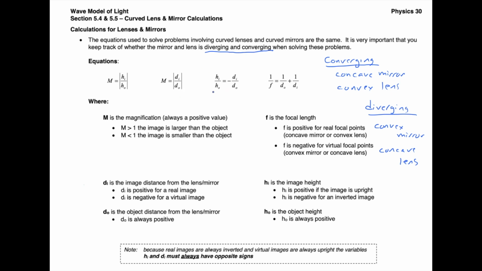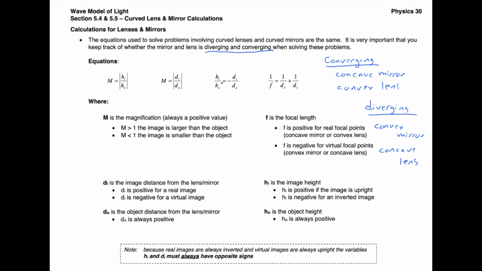So if you're just comparing the heights to the distances, we do actually get a negative sign showing up in here. And this is just going back to this bottom note here: a real image is always inverted and a virtual image is always upright. And so the hI and the dI are always going to end up having opposite signs. We'll go into more detail on the signs in just a moment, but that's where this negative one is coming from.